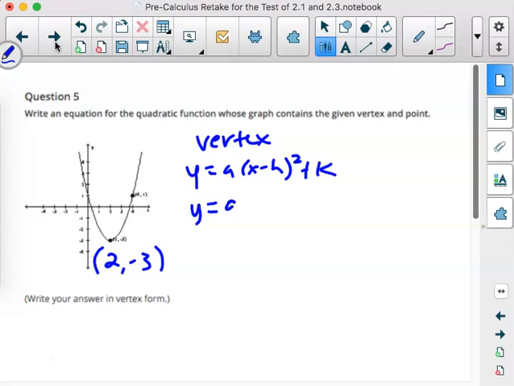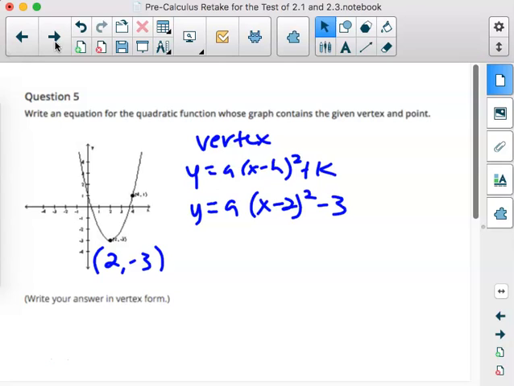So y equals a times the quantity x minus 2 squared minus 3. And what I don't know here is a, and I need that. I can't write the equation without a. But I realized that if I had something to put in for x and y, then I could find a.